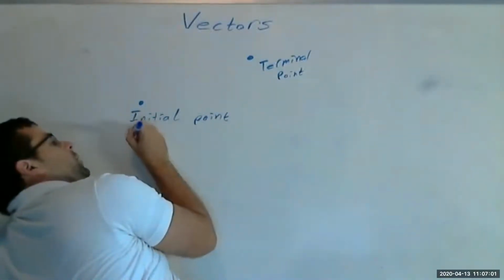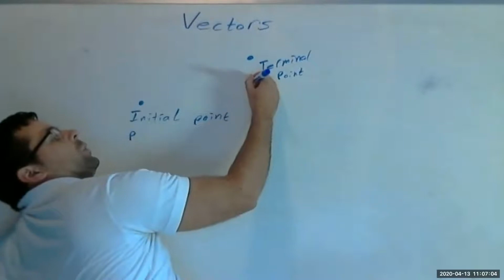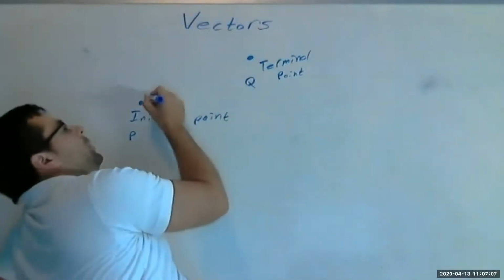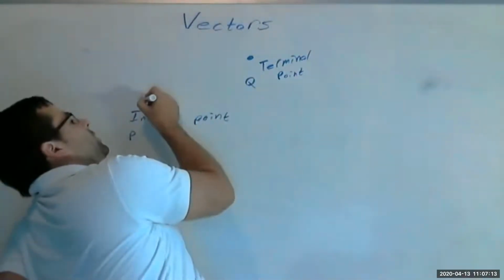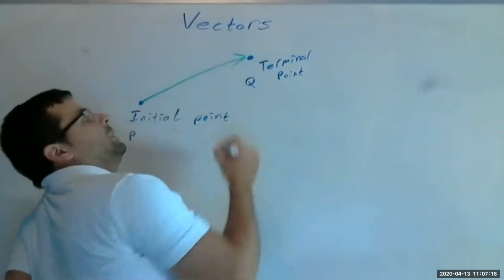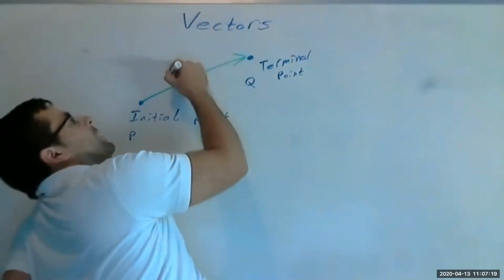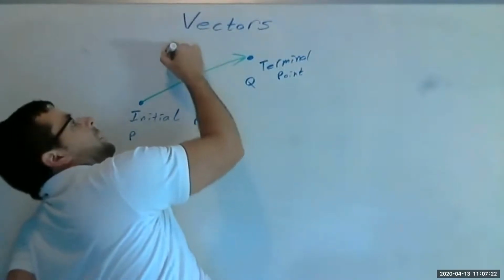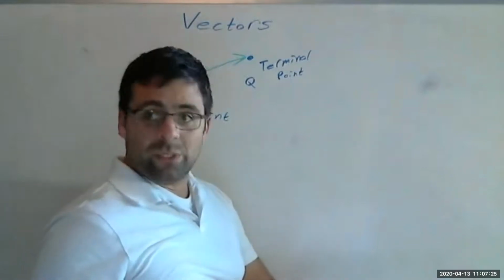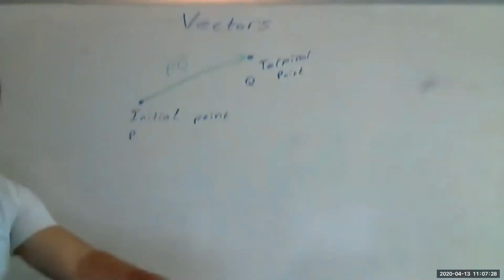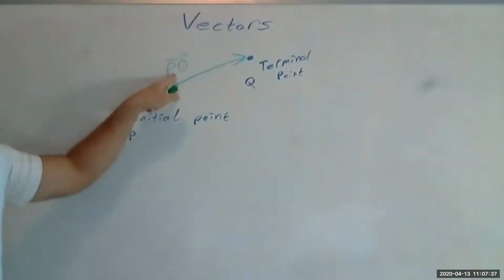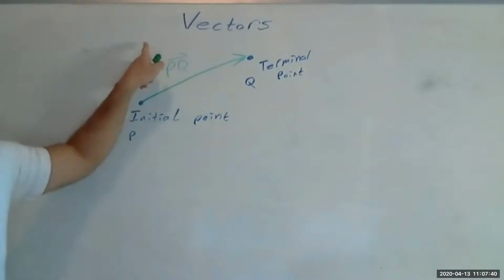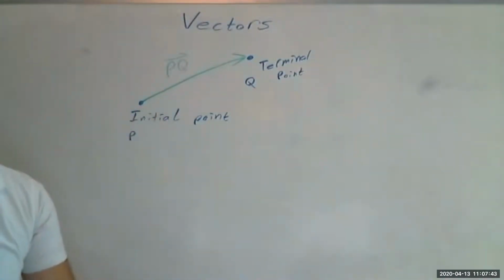And we'll call this point P, point Q. But it's just an arrow that goes from one to the other. And the way we define it to be a vector is with this little symbol right here. So it's starting at point P, and it goes to point Q, and this arrow over the top means that it is a vector.